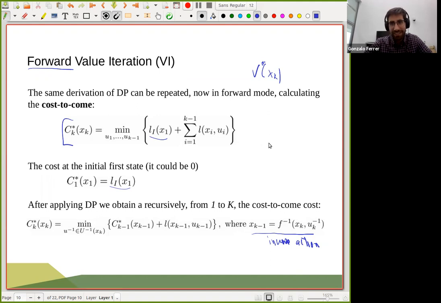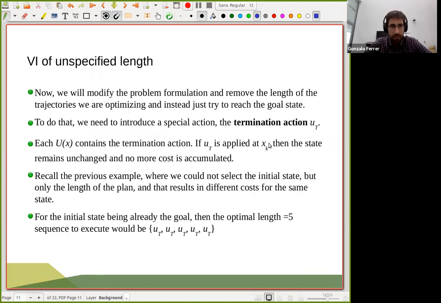Okay, we have Nazar. So we just started introducing value iteration in backward mode, but now let's introduce a little tweak, a little technicality that will allow us to transform this fixed-size trajectory optimal planning problem into an infinite-size one, right?